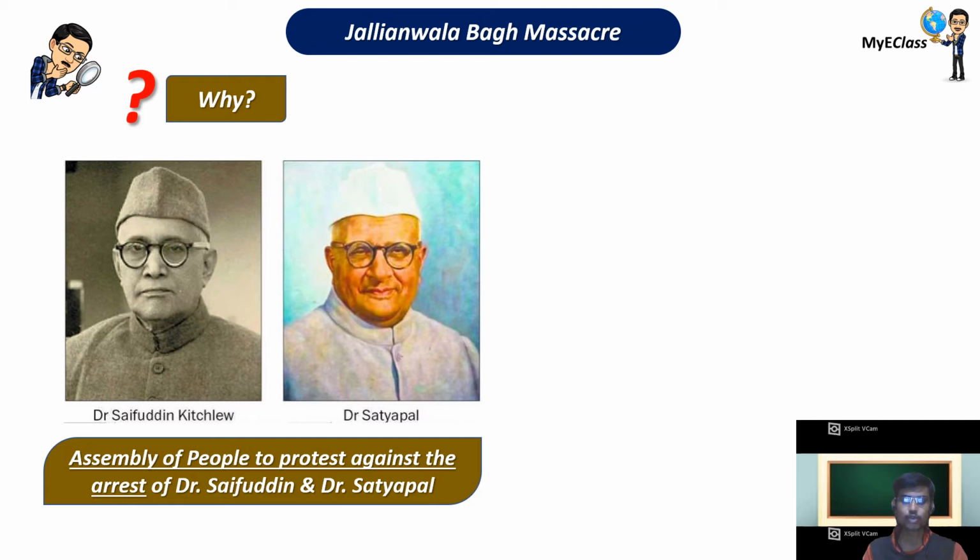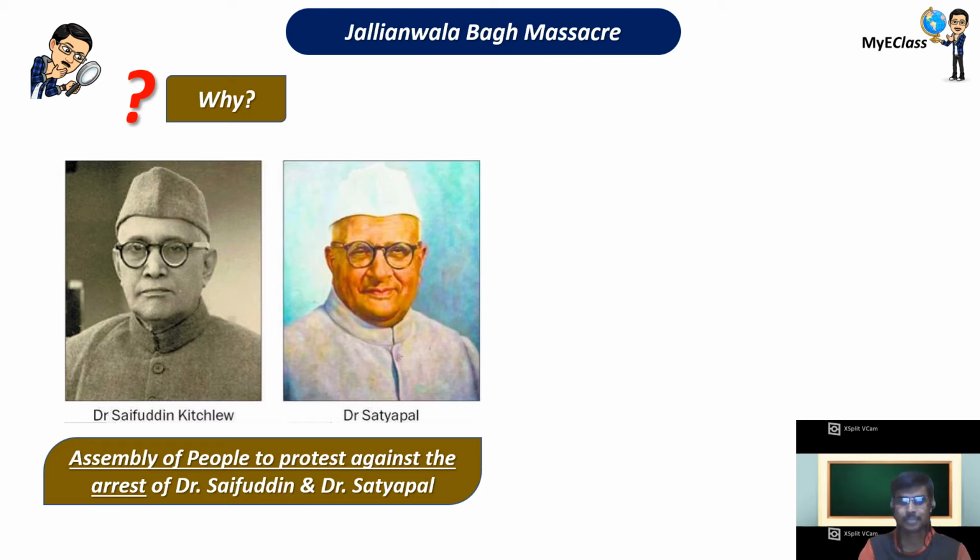These two got arrested by the British, and their arrest was protested widely in Punjab. And in order to protest against this arrest, the people gathered at Jallianwala Bagh on 13th April 1919.